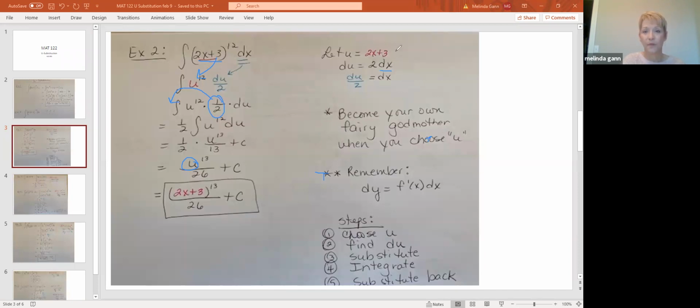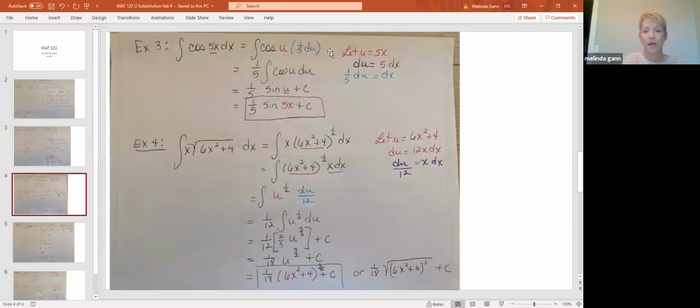Okay, so now let's go look at some more. All right, look at this one. Again, what do I wish I had? What I wish I had was just cosine x, just cosine in a single letter. If it was just cosine z or cosine y or cosine x, I would know what to do because that's one I have memorized.